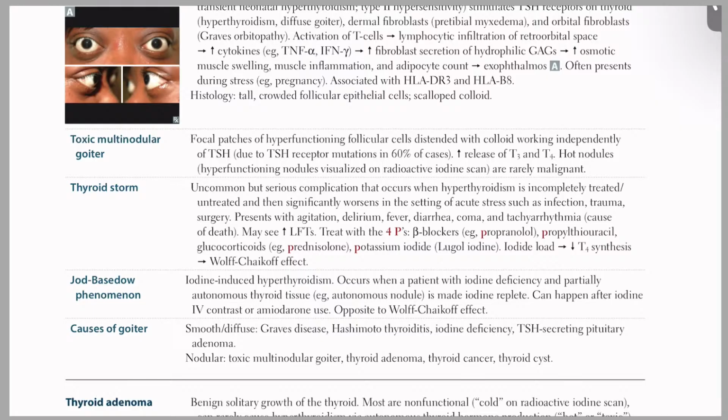May see increased LFTs. Treat with 4Ps: beta blockers, that is propranolol, propylthiouracil, glucocorticoid, prednisolone, potassium iodide, Lugol's iodine. Iodine load decreases T4 synthesis, the Wolff-Chaikoff effect.